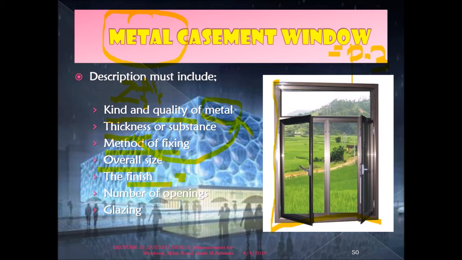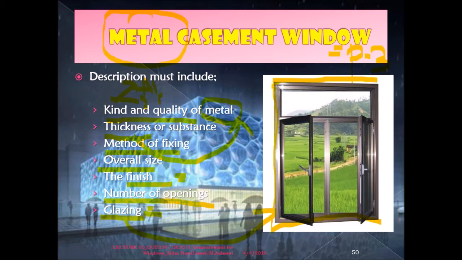How many numbers of openings and what is the glazing type? Even though the glazing has to be measured separately, we have to state it in the description. So you can refer to section P.3 to write the description for the metal casement window. This is the only difference because for the rest you have to measure packing piece, the lintel, the fixing clamp, seal, and the light.